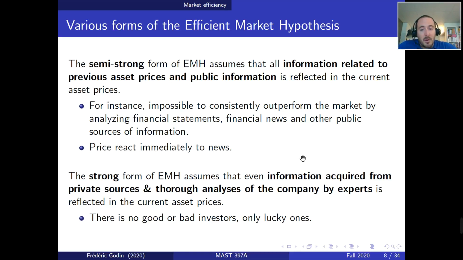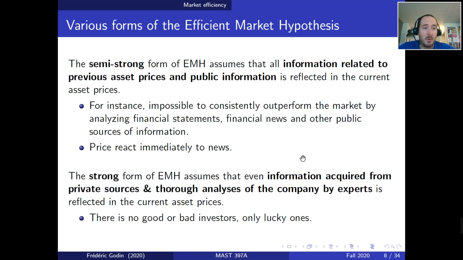And now there's the third form, which is the strongest of all three forms of the efficient market hypothesis. It's called the strong form, and it assumes that not only public information, but also private sources of information and thorough analysis made by companies and experts are already reflected in prices of assets. The consequence of that last hypothesis, if it's satisfied, is that there would be no good or bad investors, only lucky ones.